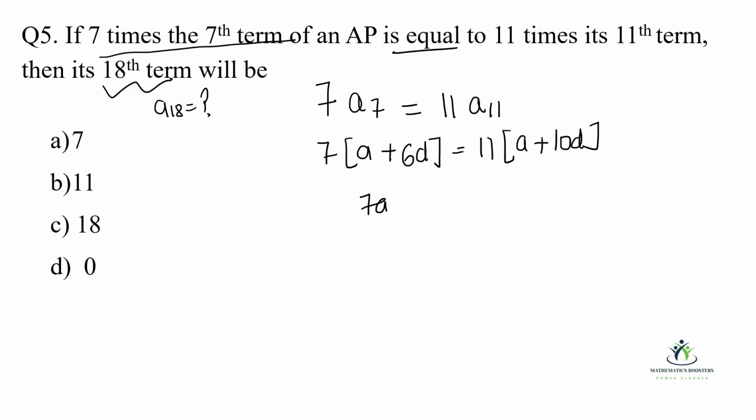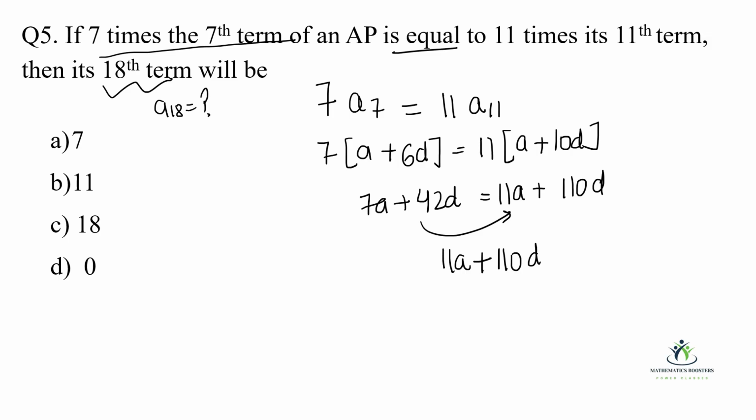Open it. 7a plus 42d is equal to 11a plus 110d. Take everything to this side. Any side, you can take left to right as well as right to left. What is my purpose of sending it to right side? Because on the right side both numbers are greater than the numbers on the left hand side. 11a is bigger than 7a and 110d is bigger than 42d.